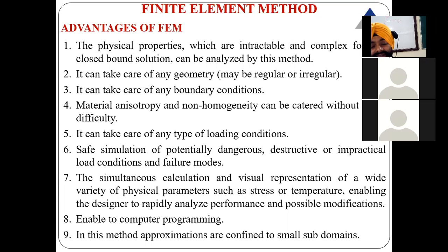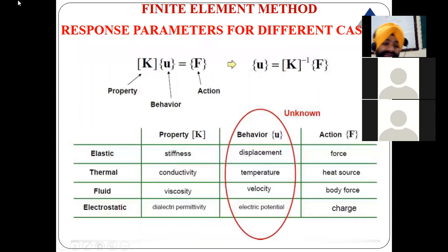Simultaneous calculation and visual representation of a variety of physical parameters, such as stress or temperature, enabling the designer to rapidly analyze performance modification. Let us check this. You are checking for some thermal conductivity, and you applied some heat source. The temperature is increasing.